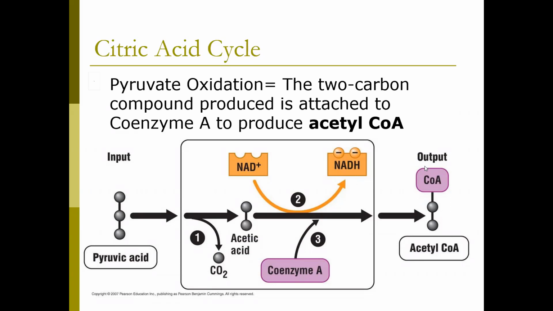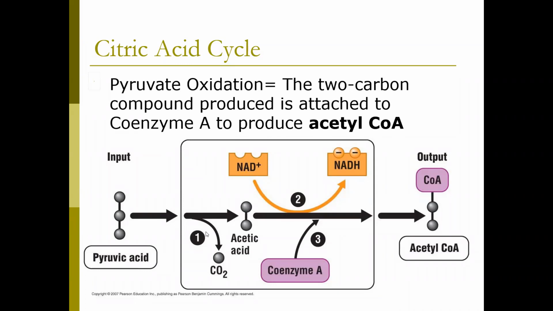So acetyl-CoA includes the coenzyme A as well as the acetic acid. You can see in our output here, the coenzyme A is just this labeled purple thing, but then you can see the 2 carbons in acetic acid that are attached. Now, in order for this to happen, the pyruvic acid undergoes oxidation. What is oxidation again?